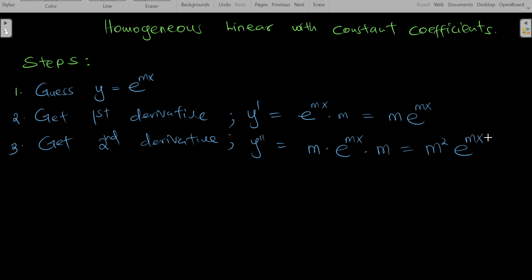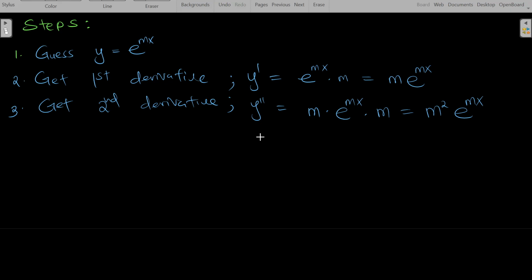Once you have already solved for that, our next step is we'll factorize e to the mx. Sorry for that.